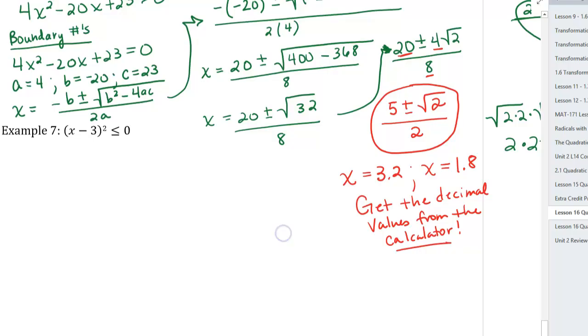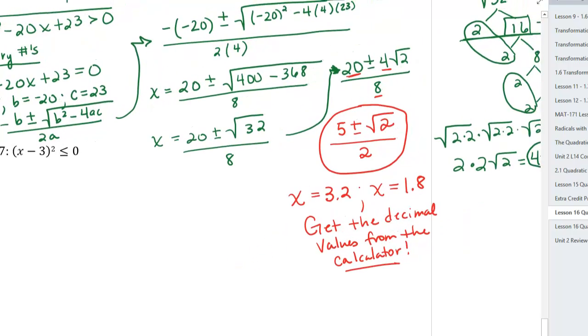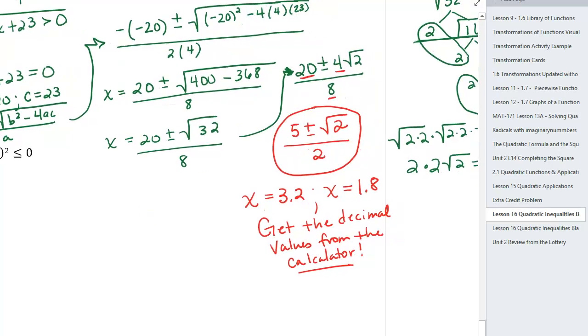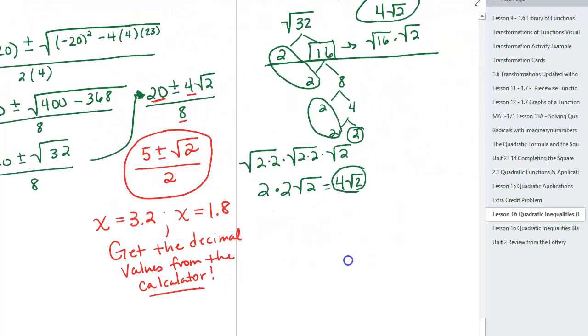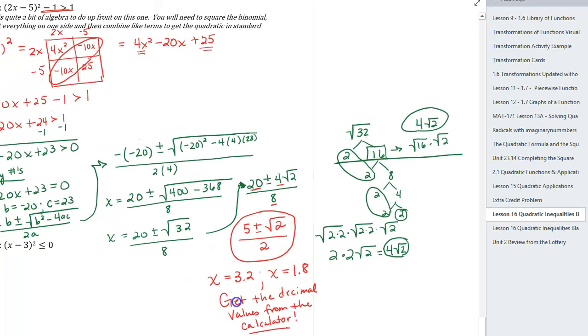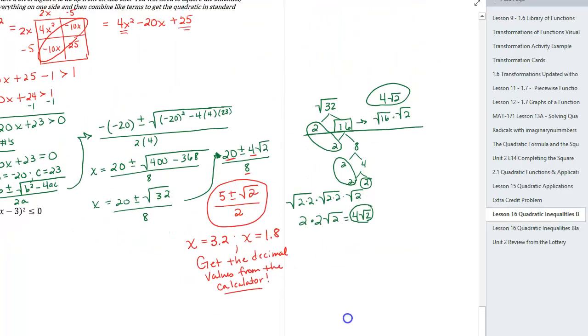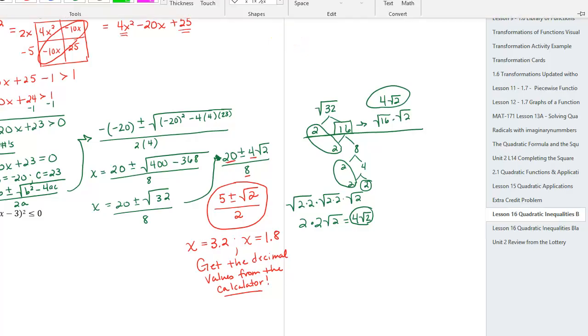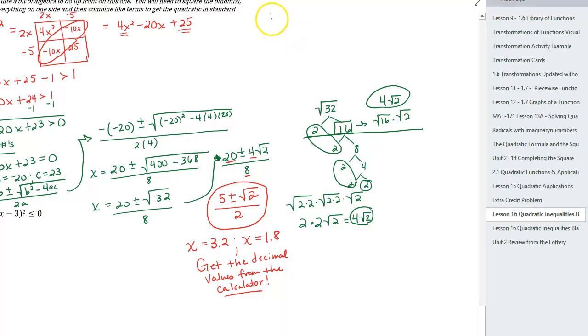All right, so we can either use the graphing method or the algebraic method. Since I've done both for a lot of examples, I'm just going to use the graphing method for this one. So I'm going to draw my coordinate plane. Remember, it can be a rough sketch.